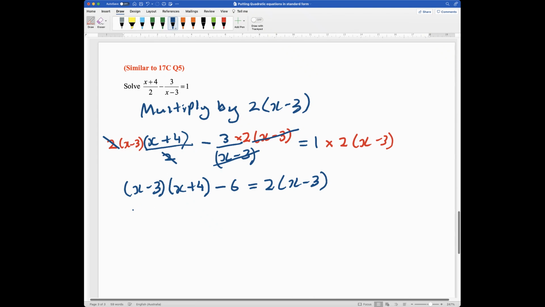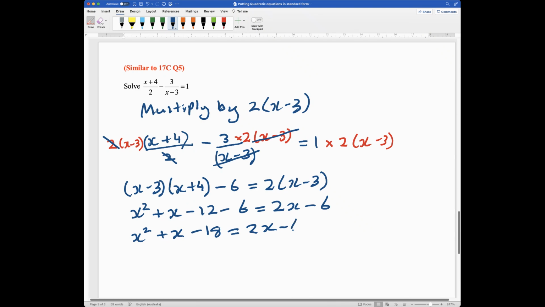Next thing you've got to do is expand the brackets. So x squared plus 4x minus 3x is plus x there. So if you expand that, you should get the plus x. Minus 12 minus 6 equals, and then 2x minus 6. We can tidy that up a little bit. So you get x squared plus x minus 18 is equal to 2x minus 6.